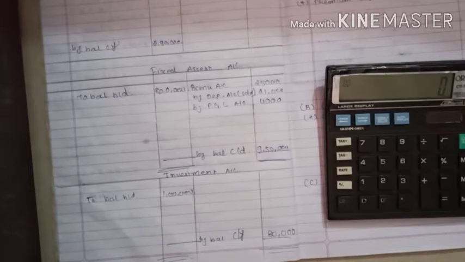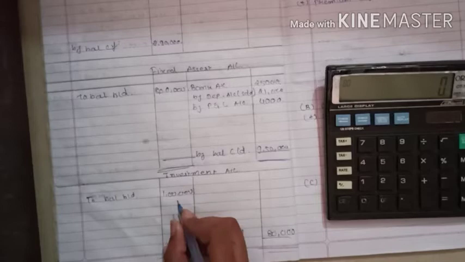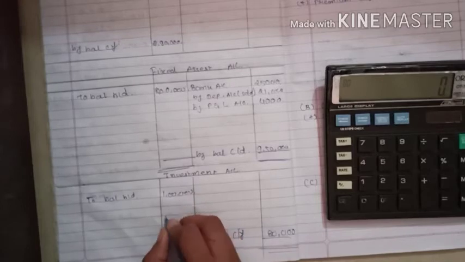As we can see in the balance sheet, there is an increase of rupees 10,000 in year 2011-12. In 2010-11 it is nil, so it increased by 10,000 rupees. So it is a profit that we transferred to the capital reserve.